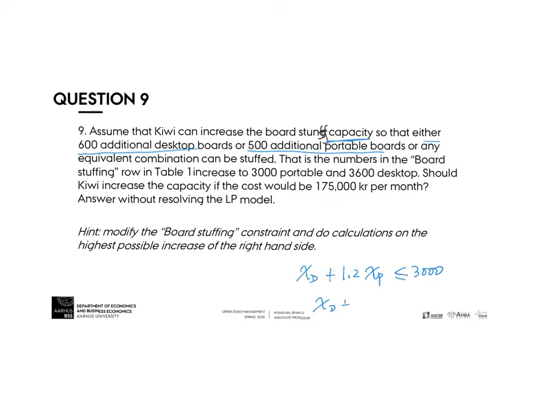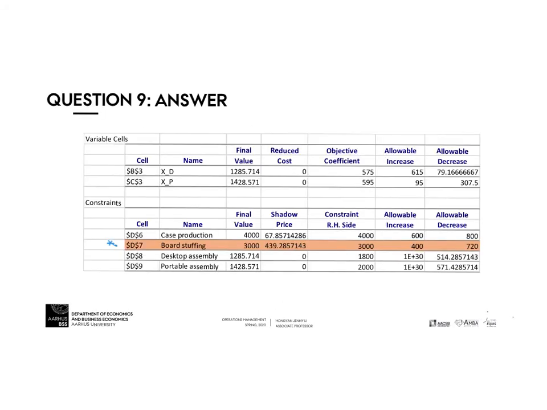So you modify the constraint to less than or equal to 3,600 units. Now you have a right-hand side of board staffing increased by 600 units. Now let's see the sensitivity report and try to answer this question.